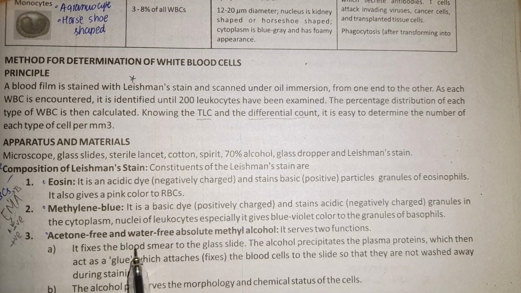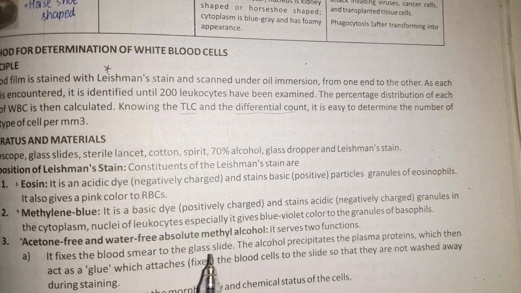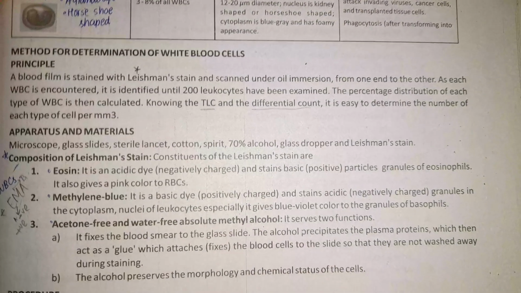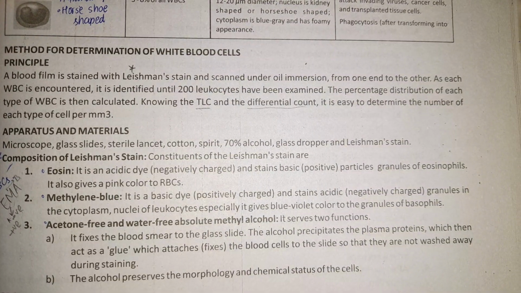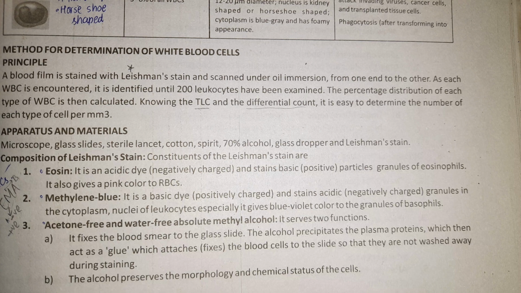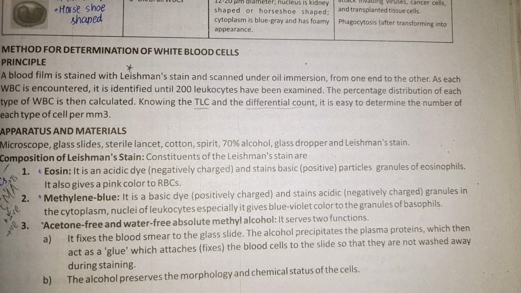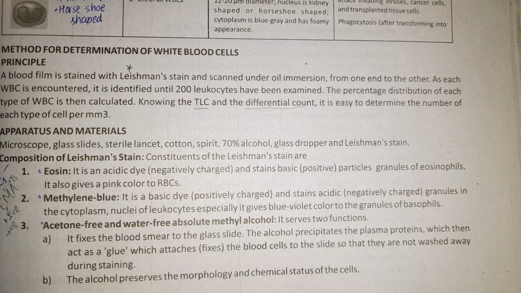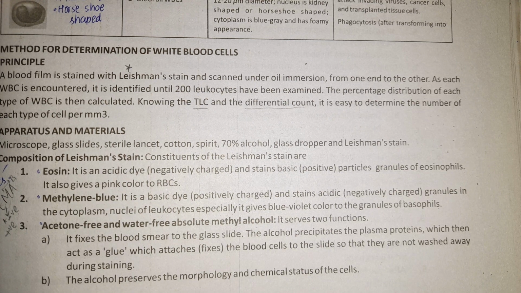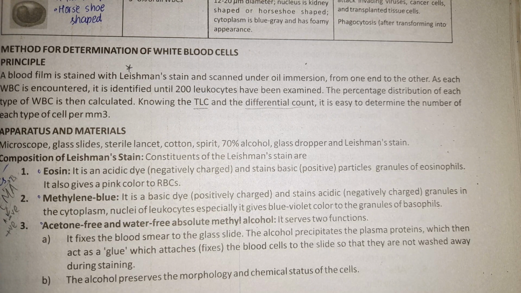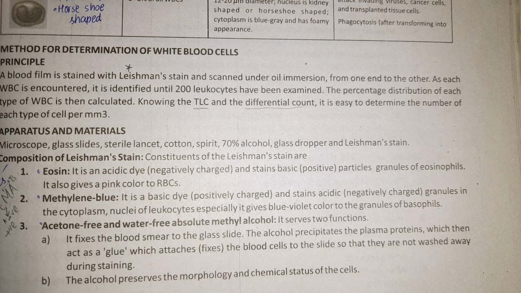It actually works as a glue which fixes the blood cell to the slide. Secondly, alcohol preserves the morphology and chemical status of the cell. So the Leishman stain, which is used for differential leukocyte counting, has the mnemonic EMA: E for eosin, M for methylene blue, and A for acetone free and water free absolute methyl alcohol.